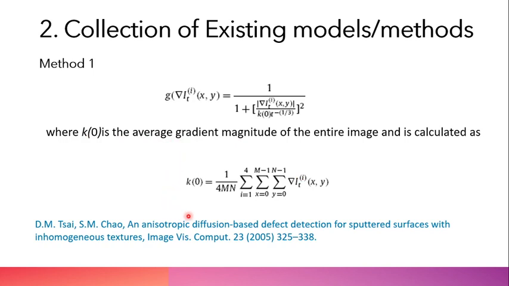So the average gradient magnitude is incorporated in the particular equation, and accordingly they achieve the proposed method or results. This equation is obtained from this paper.